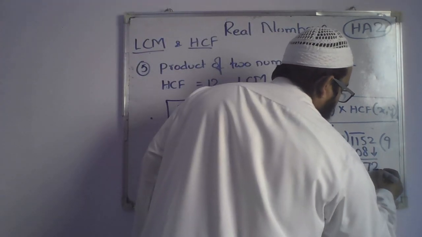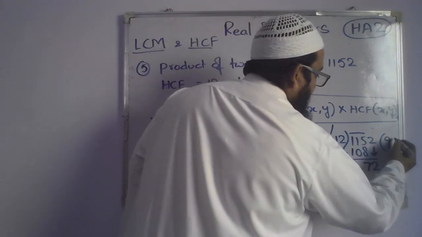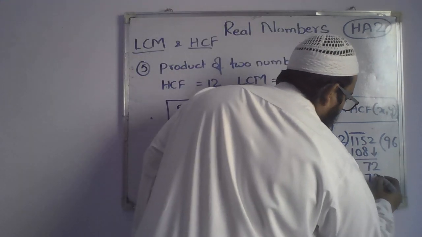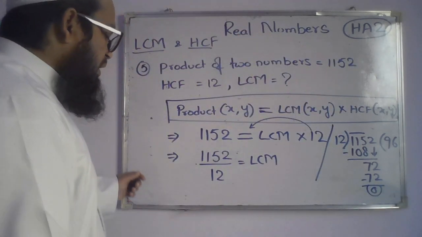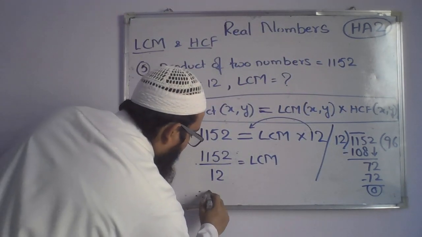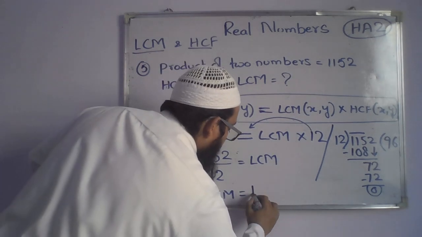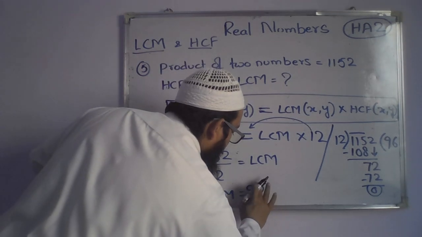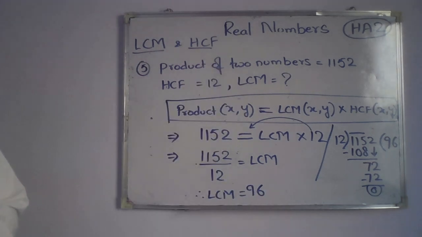So bring down the next digit, 72. We already know 12 sixes are 72. So 72 minus 72 is 0. So the LCM of the given numbers is equal to 96. Understood, my dear students?